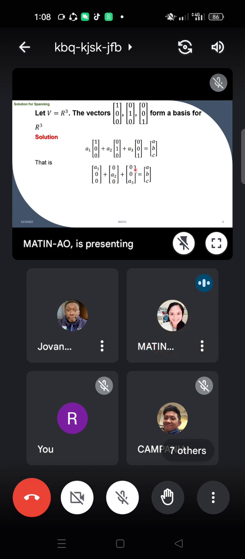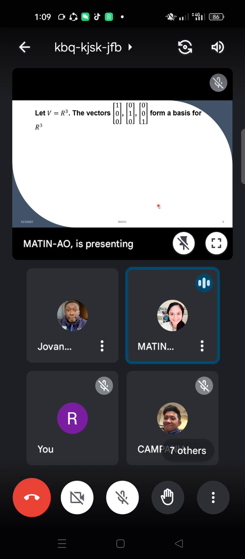Then a sub 3 times (0, 0, 1) is (0, 0, a sub 3), which is equal to (a, b, c). So therefore, we found out that a sub 1 is equal to a, a sub 2 is equal to b, and a sub 3 is equal to c. So therefore, these vectors span R3.